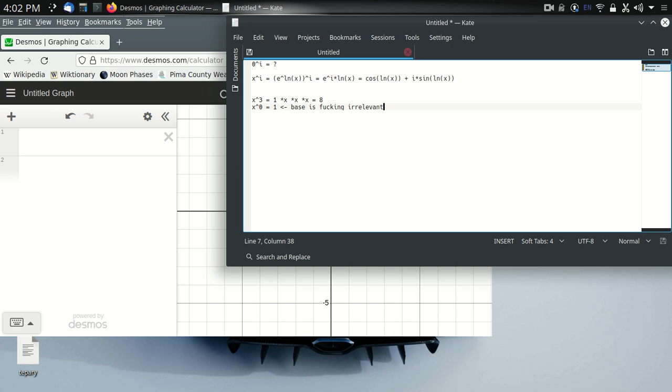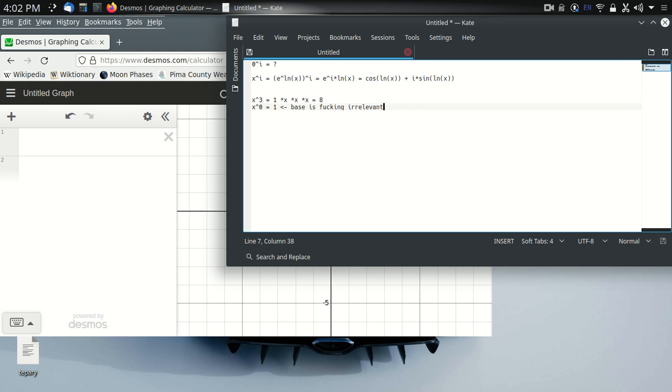Right, so one of the things that he said here in the video was that 0 to the 0 is undefined. And you shouldn't be confusing this with the limit from the right-hand side of 0 to the 0, which is 1. And no, he's wrong. 0 to the 0 is computationally 1 if you understand how exponents work.